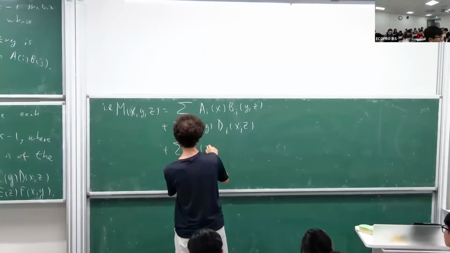Let m(x, y, z) be defined to be some constant c_x if x equals y equals z, that is, a diagonal element, and 0 otherwise.